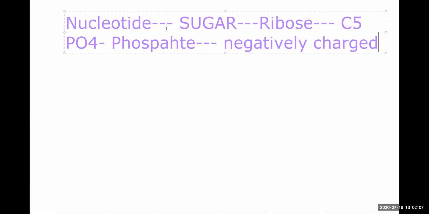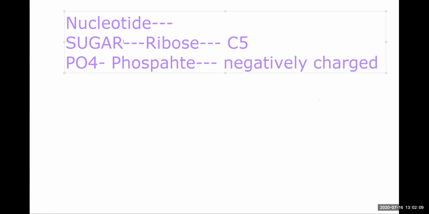So a nucleotide is made up of the sugar ribose, phosphate, and a third component, which is a nitrogenous base.